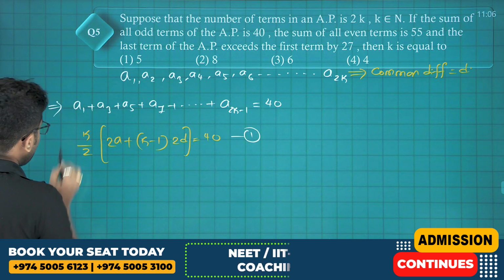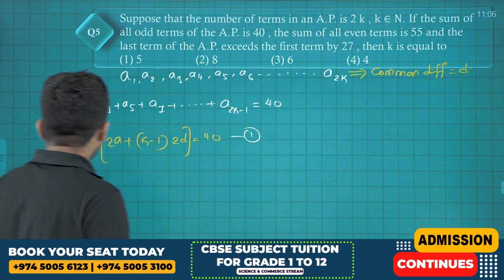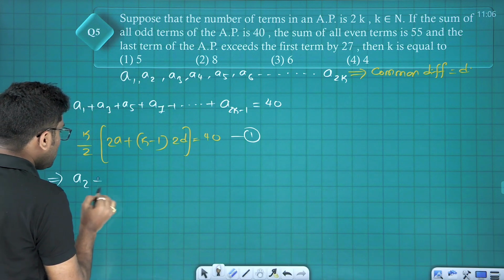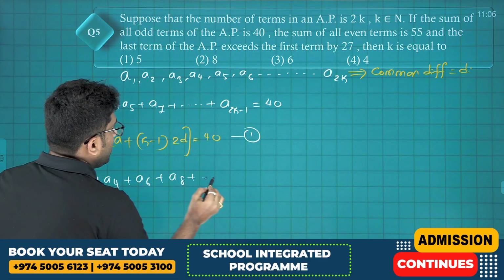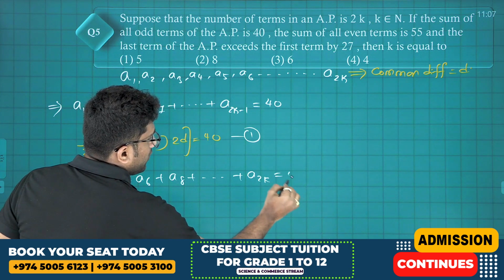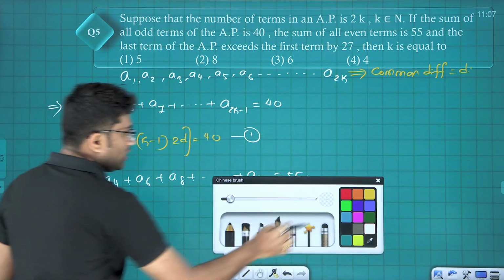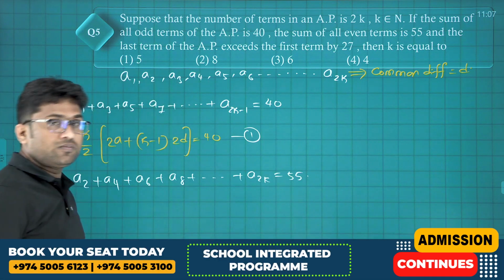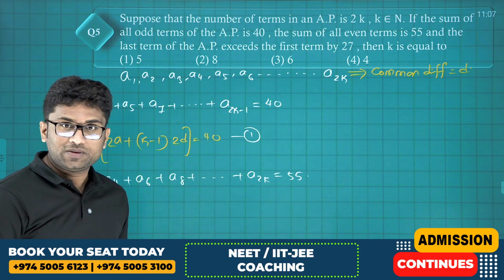Now the second one: they have also given the sum of all even terms is 55. What do you mean by even terms? A2 plus A4 plus A6 plus A8 and so on, plus A2k, is nothing but 55. The number of even terms will also be k and this sequence will also be in AP again.